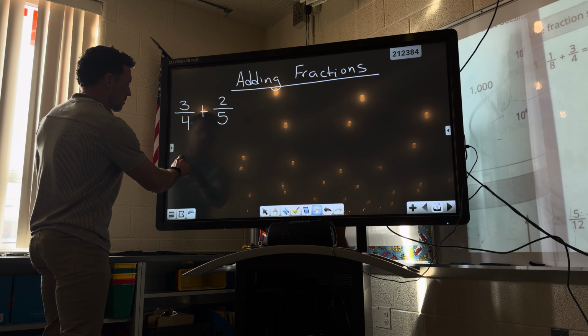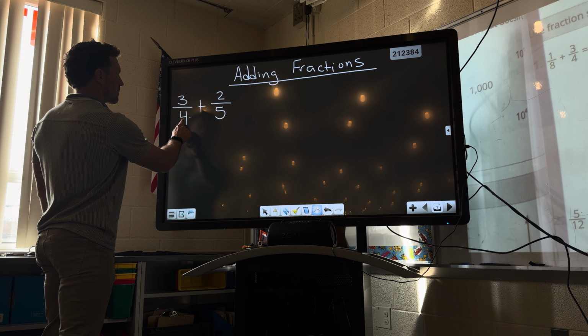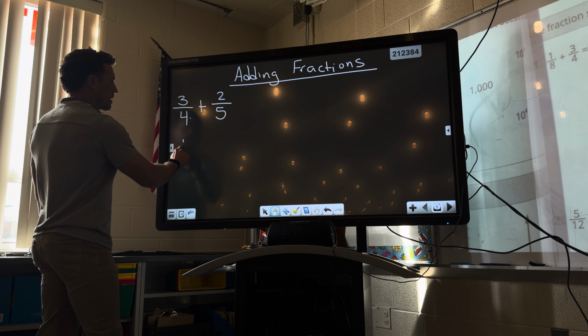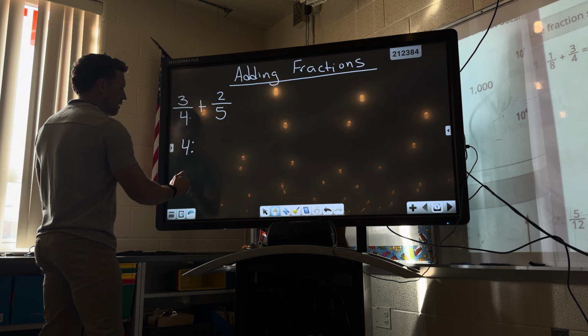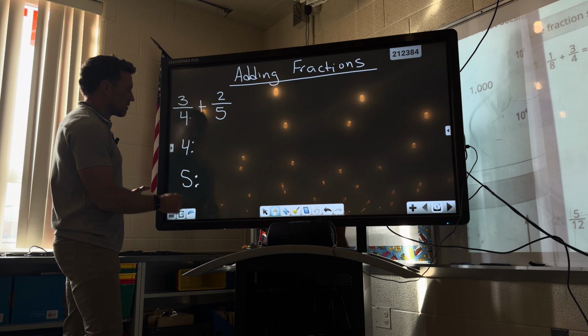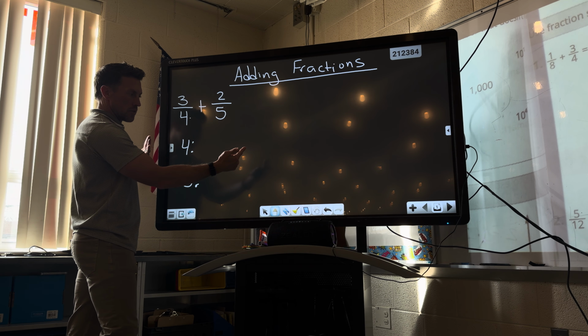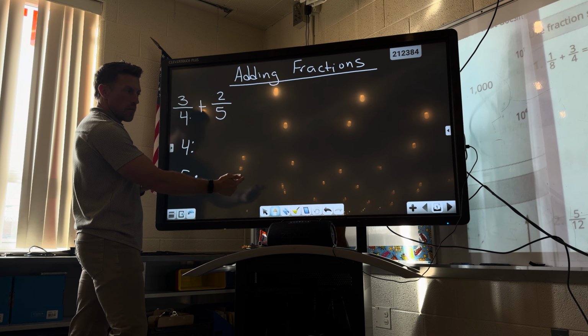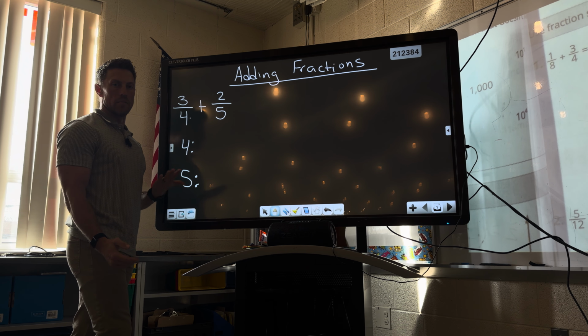I want to list out the multiples of 4 as well as 5, and I'm trying to find a match. As I'm listing out the multiples of 4, I am thinking about the multiples of 5 at the same time.